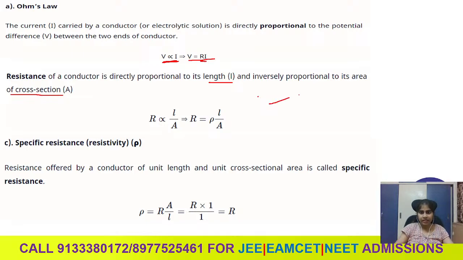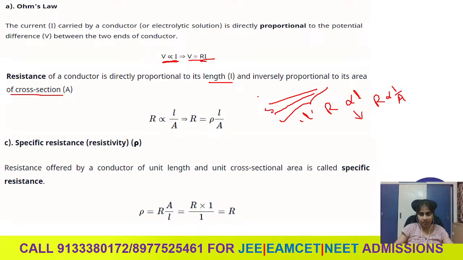If we take a wire in this way and pass electricity through it, the resistance R is directly proportional to the length and inversely proportional to the area of cross section.